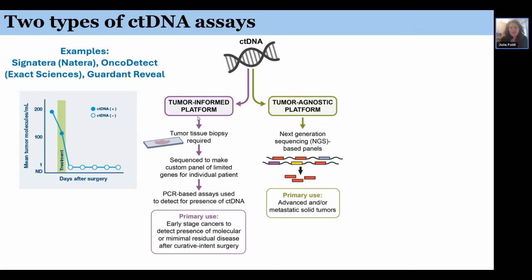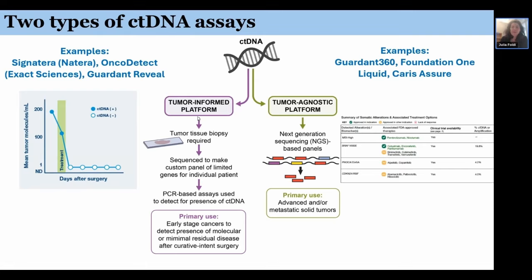The other platform, which is the tumor agnostic platform, examples of this include tests like the Guardant 360 test, Foundation One Liquid, or Caris Assure. This is done using what's called next generation sequencing from the blood only. So this does not require any tissue.